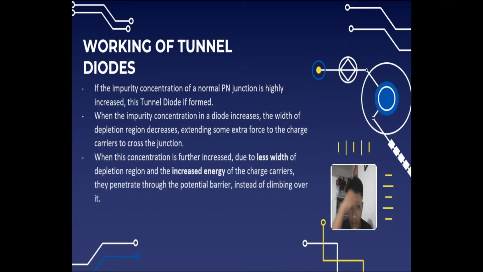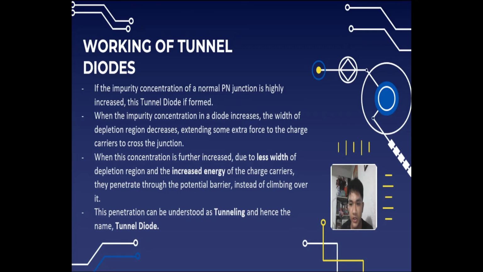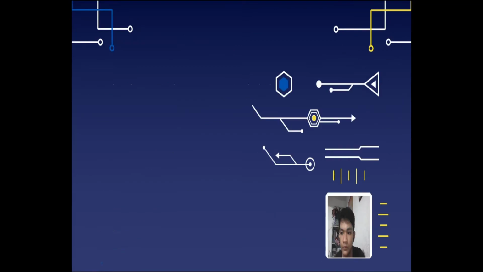When the concentration is further increased, the carriers penetrate through the potential barrier instead of climbing over it. This penetration is understood as tunneling, hence the name tunnel diode.